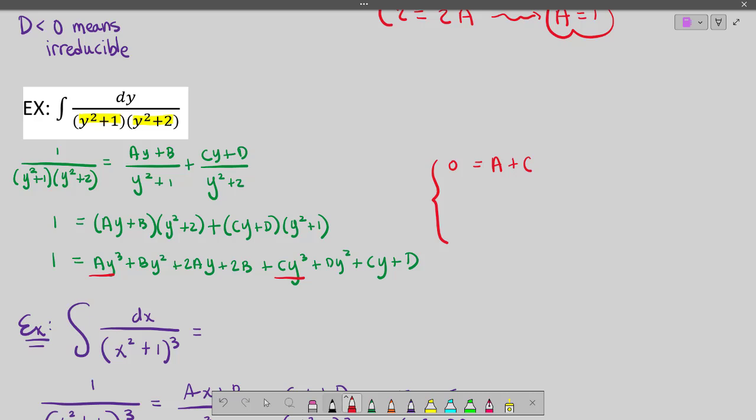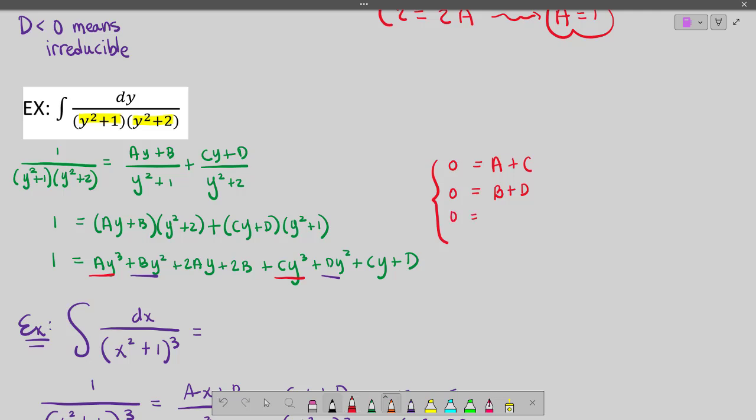Coefficient of y squared on the left. 0 on the left. And then on the right, let's just look at our squares. b plus d. Look at that. And then coefficient of y on the left, 0.